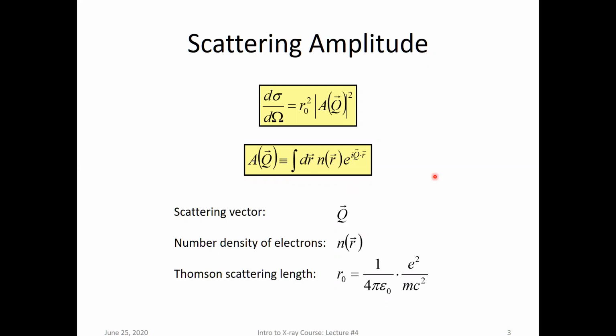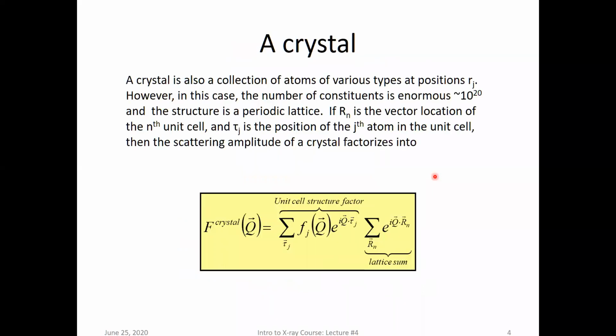The same things we've been looking at all week. We calculated the scattering amplitude of a crystal by breaking the crystal into atoms, unit cells. So this is the location of the atom in the unit cell, and then a sum of unit cells to make the crystal.